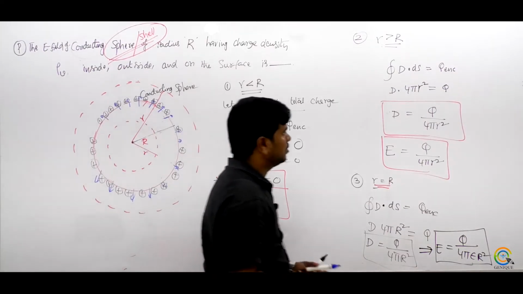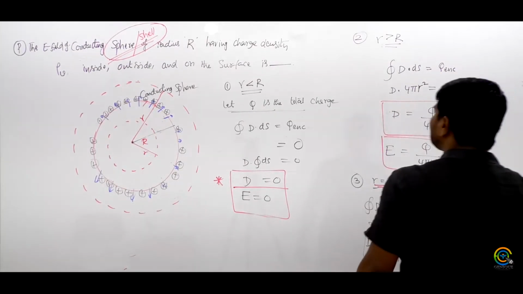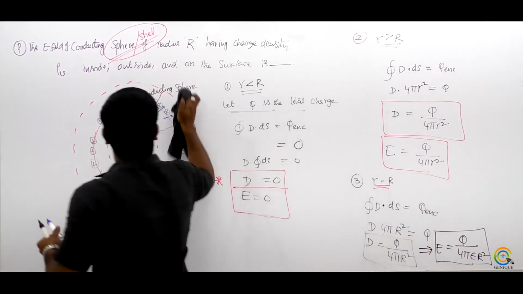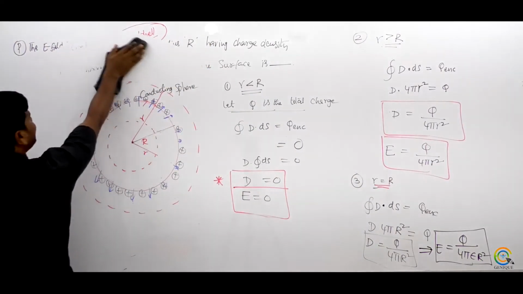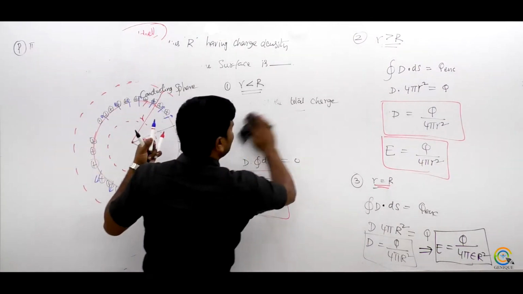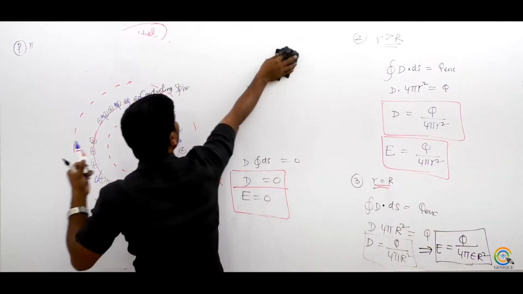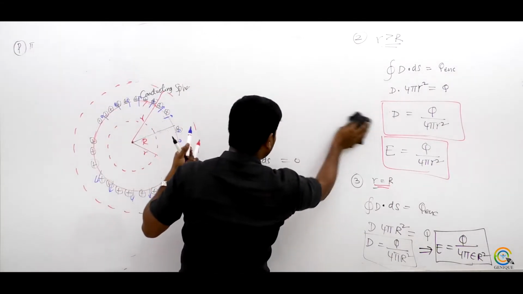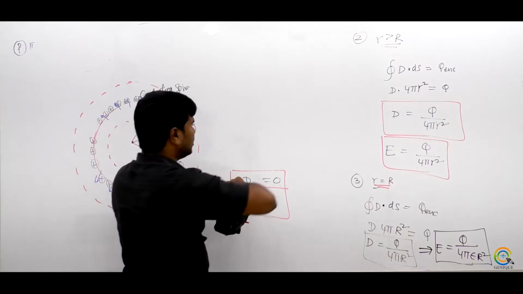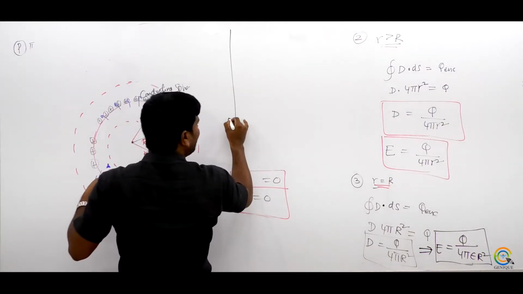Now how can we draw the figure here? We can draw the figure as we drew it for the previous question. The figure is the relation between E and r.